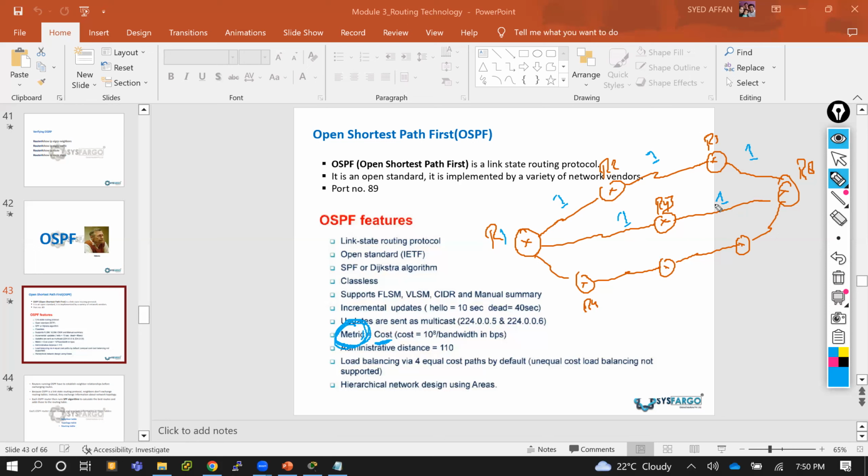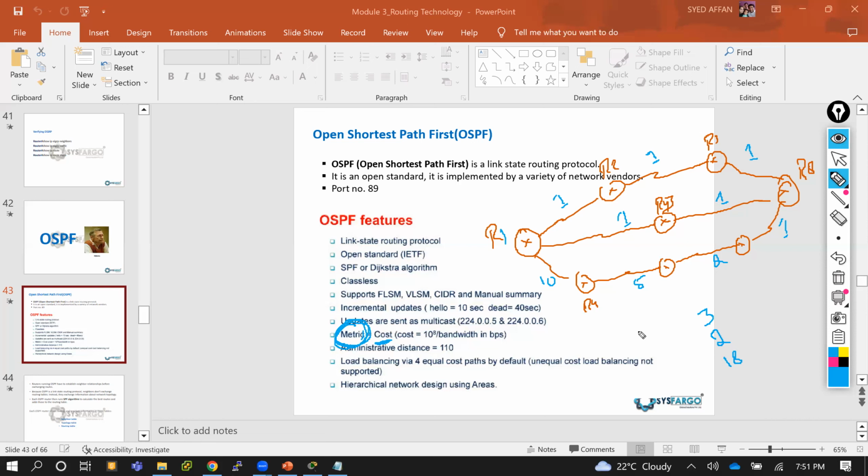I'm taking 1 Mbps speed here, and 1 Mbps here also. But on the paths I'm taking different speeds in Mbps. Via router 2, if I communicate, the speed is 3 Mbps. Via router 3, if I communicate, the speed is 2 Mbps. Via router 4, if I communicate, 18 Mbps.